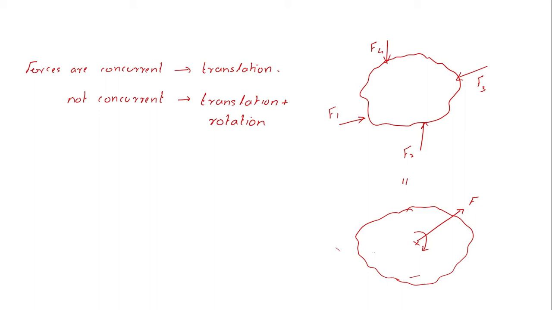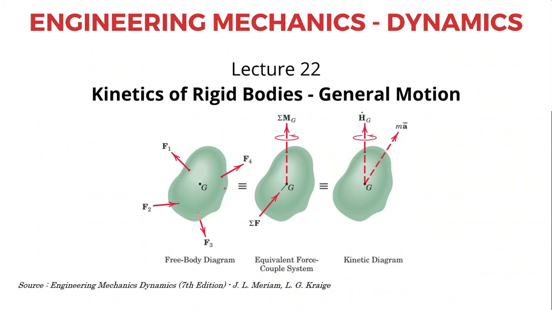In a rigid body motion, the most commonly accepted point as such is the mass center. Okay, so here I will show you a system of forces here and the mass center G here. Now the resultant of this force system can have a resultant value of sigma F and a corresponding moment or couple with respect to the point G or the mass center as shown in this figure.